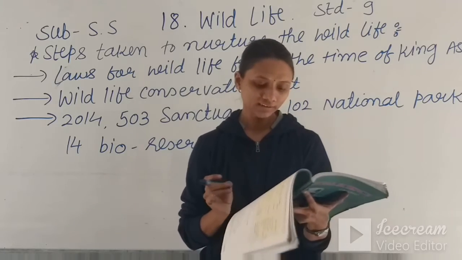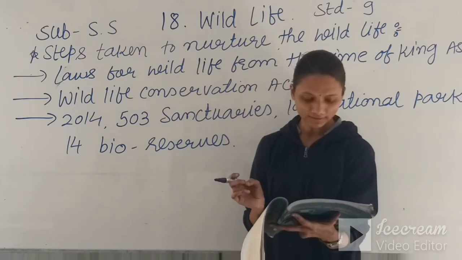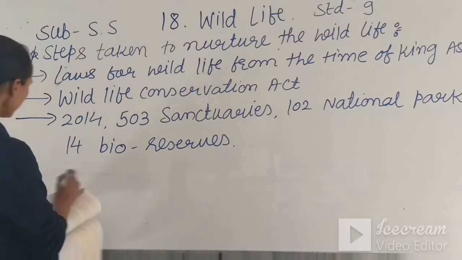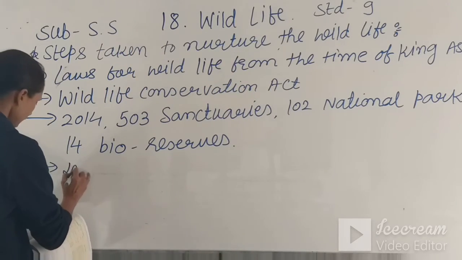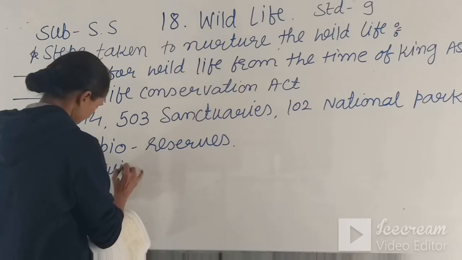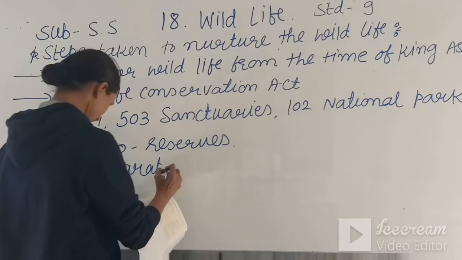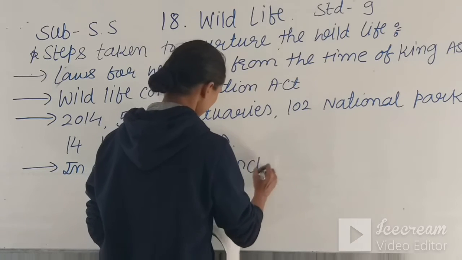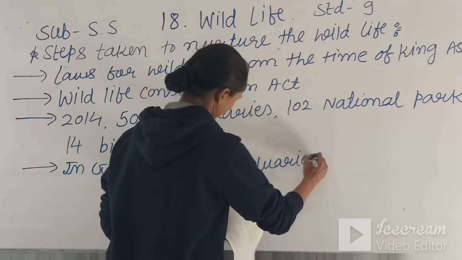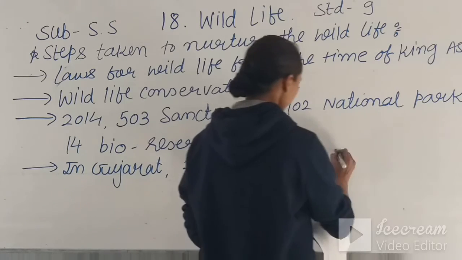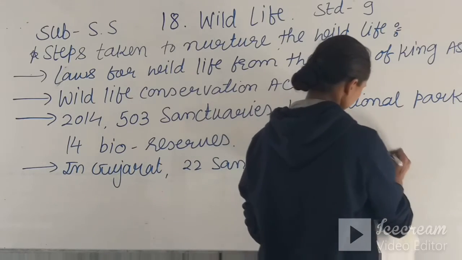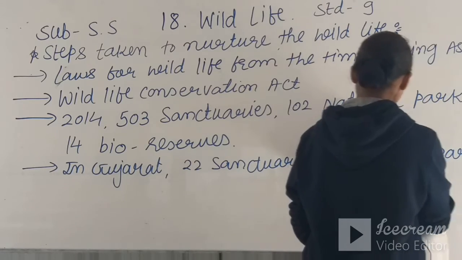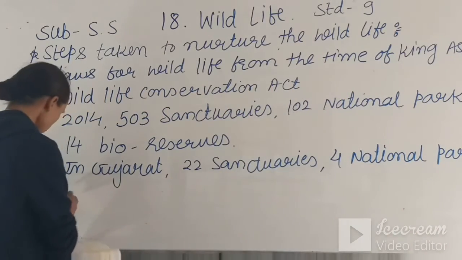Of these, 22 sanctuaries, 4 national parks and 1 biosphere reserve zone happen to be in Gujarat. So it is a matter of pride for us that in Gujarat we have 22 sanctuaries, 4 national parks and 1 biosphere reserve zone.